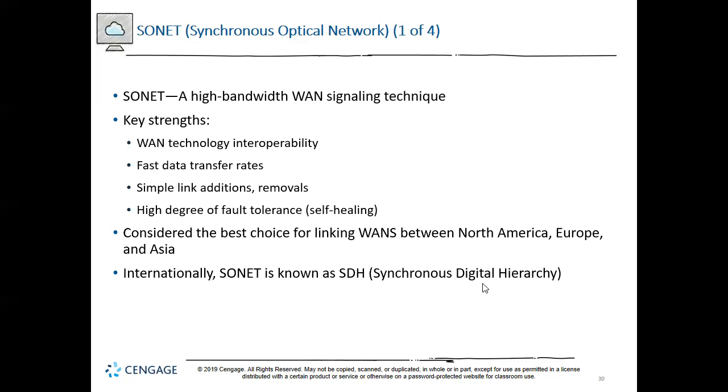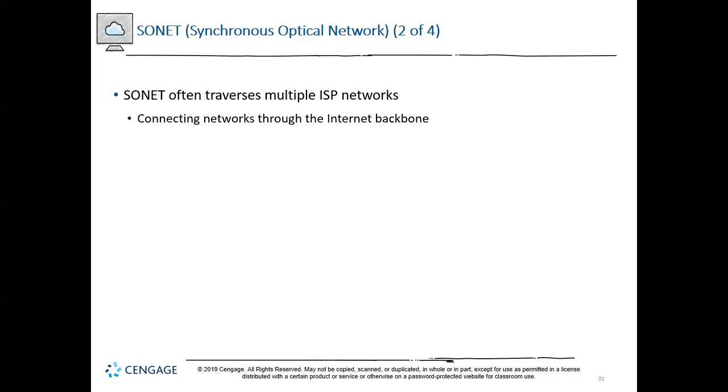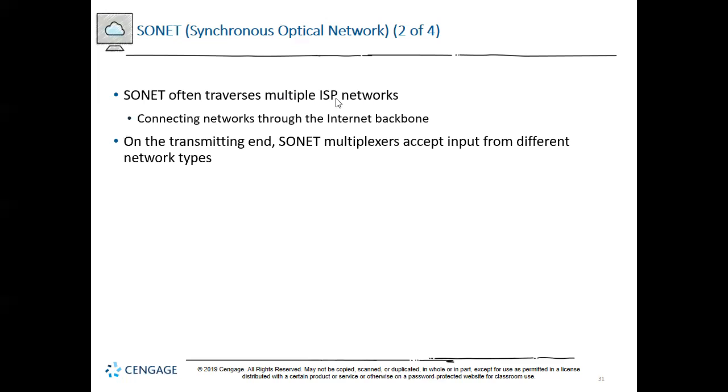We call it synchronous digital hierarchy, basically everywhere else. So you might go somewhere else and say, oh, that looks like SONET, but it's not. We're using a different name, but it's basically the same. That's what we meant about interoperability. SONET can be used across many different networks of many different companies.